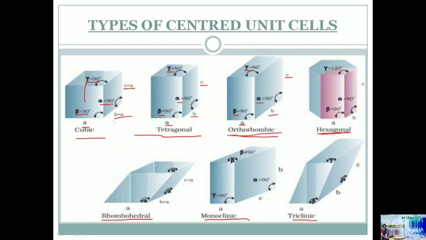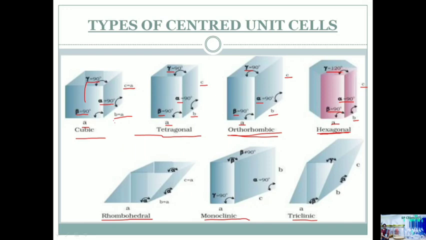Then hexagonal crystal system. In hexagonal, edge length A is equal to B is not equal to C. You can observe here, alpha is equal to beta is equal to 90 degrees and the other angle gamma is 120 degrees.